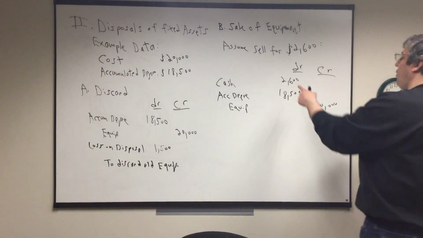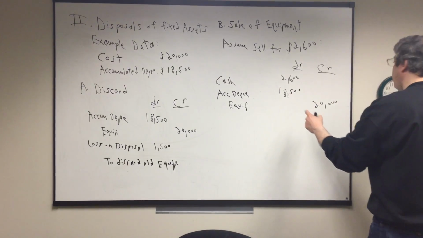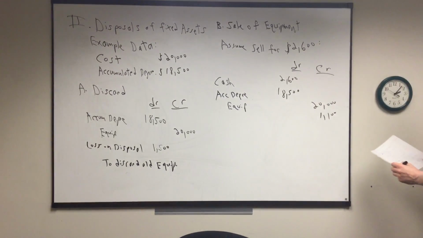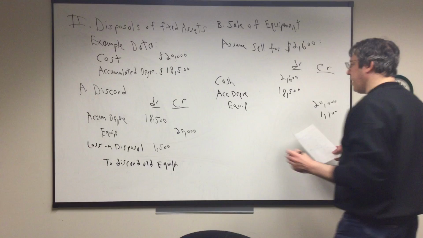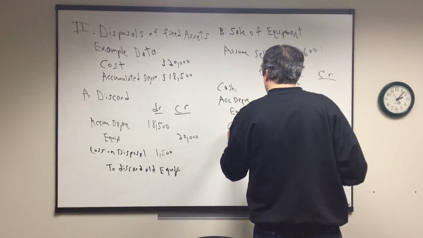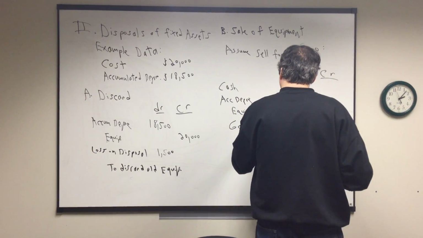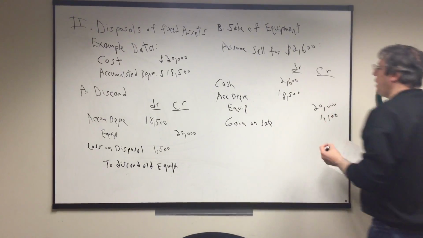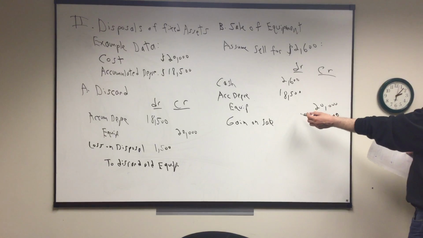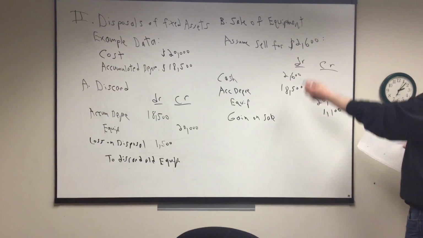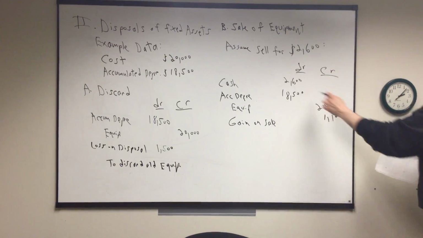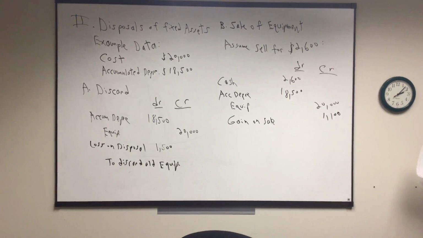And now, if we add these up, we see we're not going to balance. We're going to need another $1,100 here. And in this case, this is going to be a gain on sale of $1,100. If for some reason we needed a debit over here, then it would be a loss on sale. But in this situation, based on these proceeds that we're getting in, record the cash coming in, we take the asset off our books, and the difference is going to be the gain on sale.